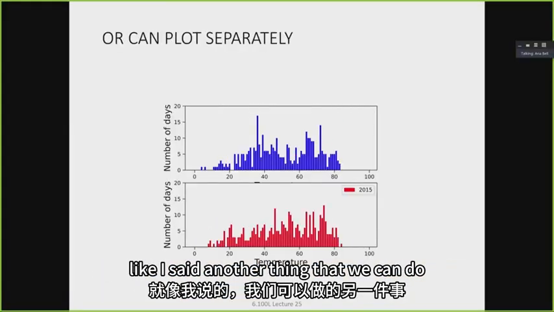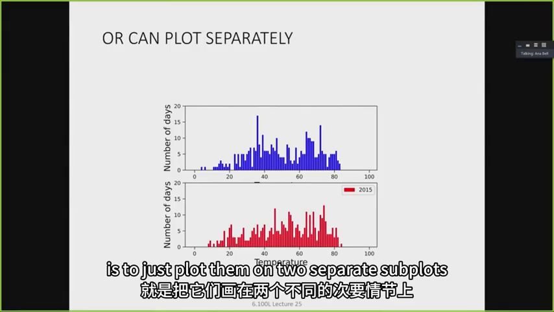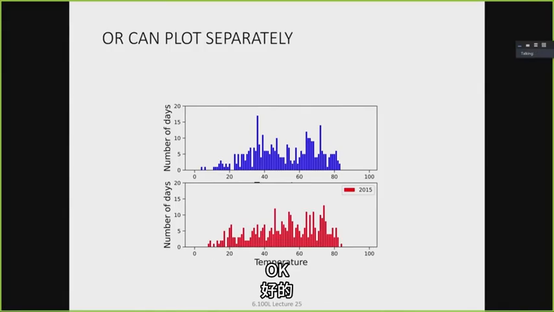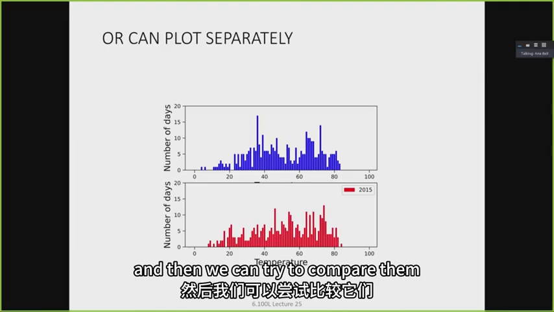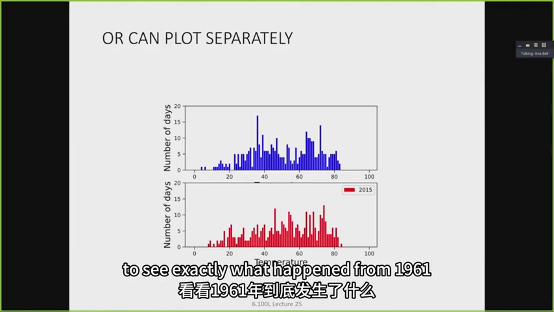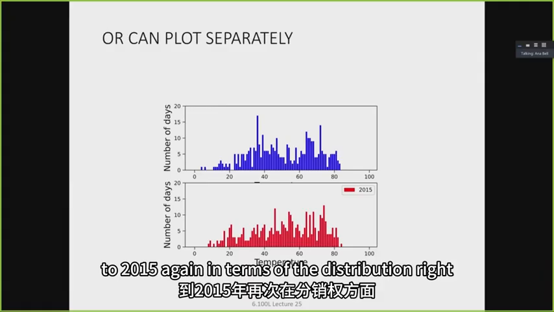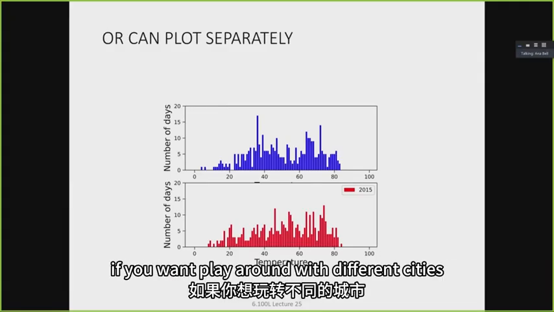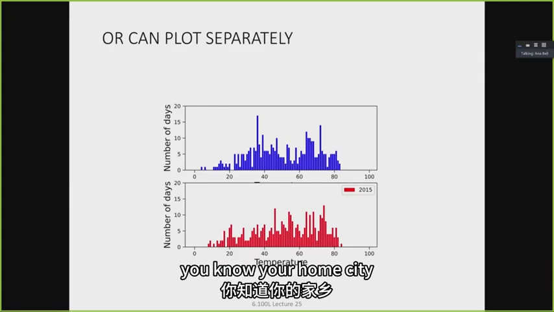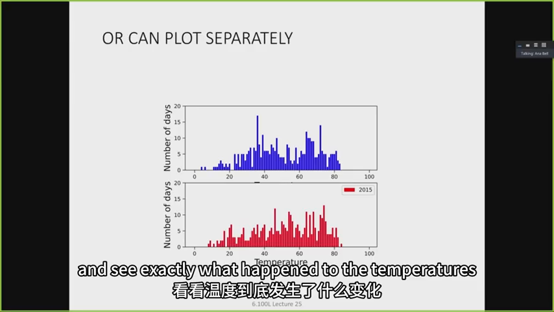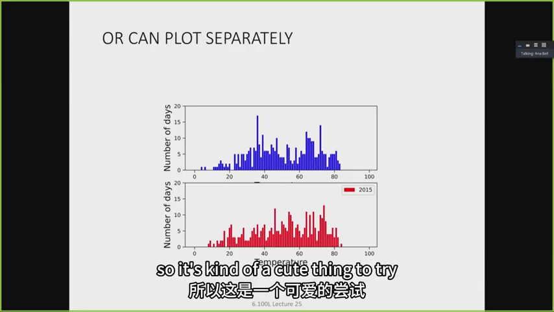Another thing we can do is plot them on two separate subplots. Then we can compare them to see exactly what happened in terms of the distribution from 1961 to 2015. So you can, if you want, play around with different cities, your home city, and see exactly what happened to the temperatures over all those years. It's kind of a cute thing to try.